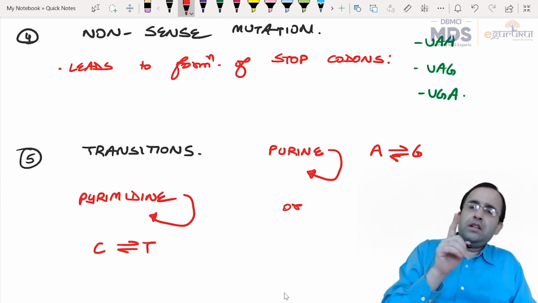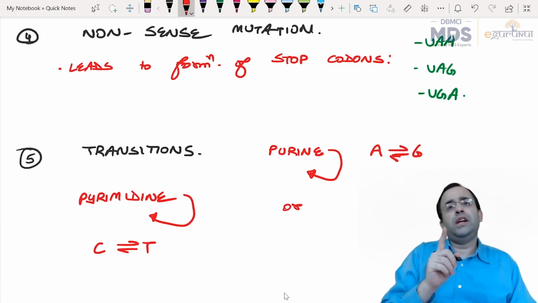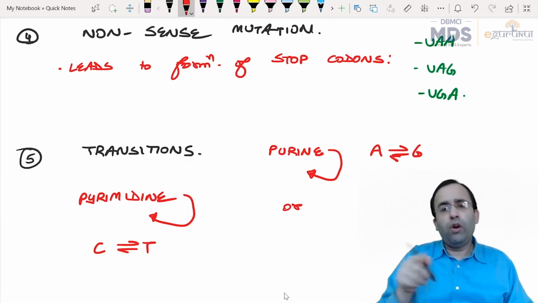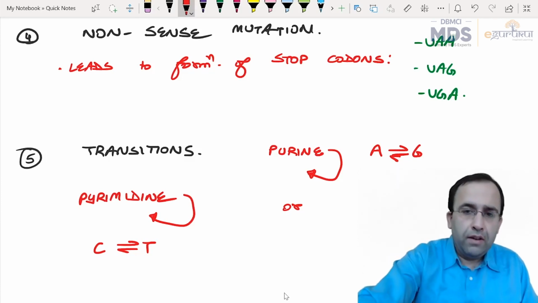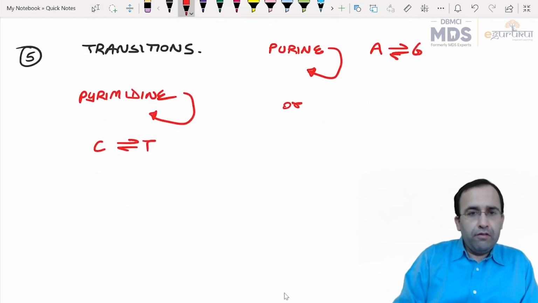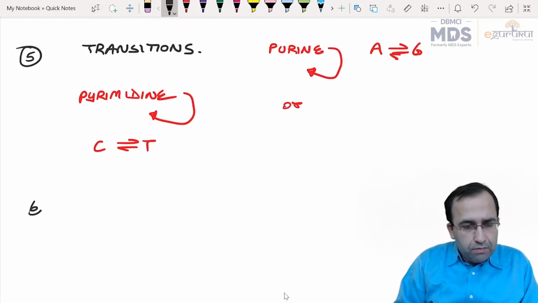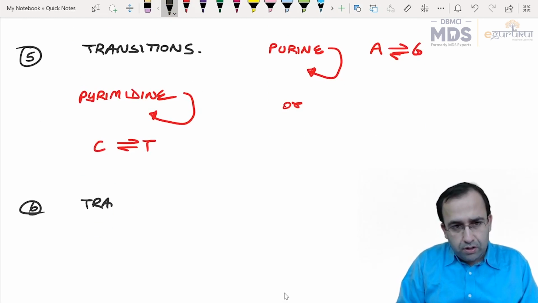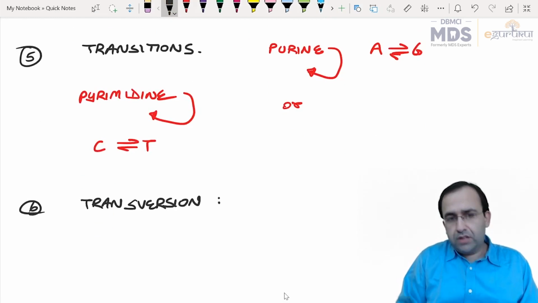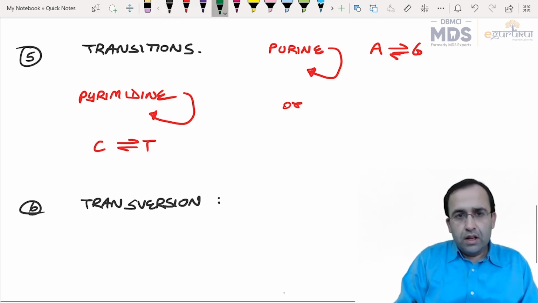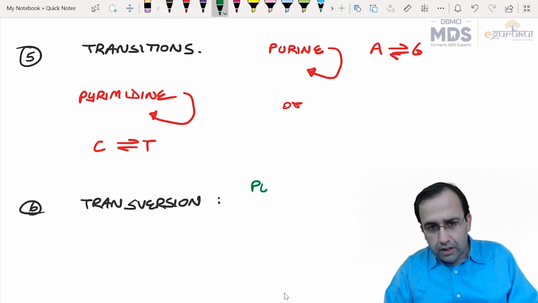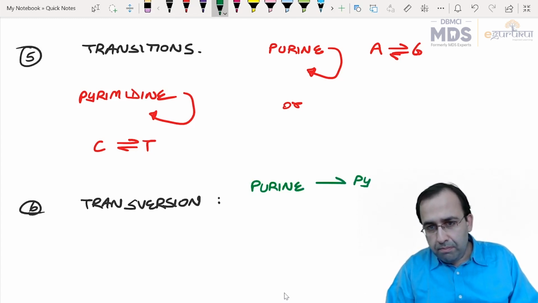Point mutation है. There is a mutation in a single nucleotide. Purine by purine or pyrimidine by pyrimidine, that is transition. Versus the next point mutation, that is transversion. In transversion, purine is replaced by pyrimidine or vice versa.